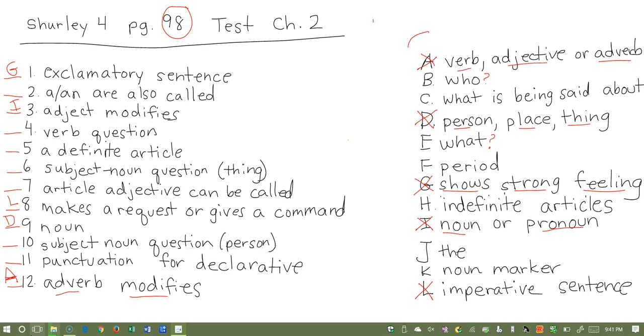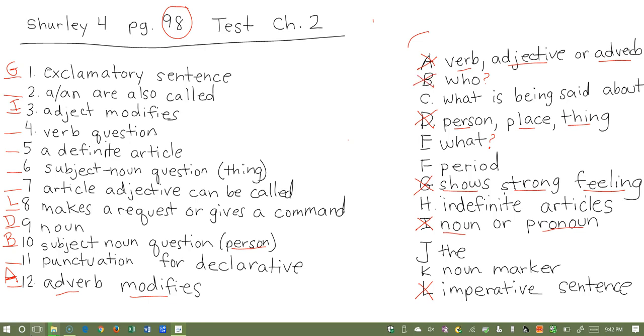Well, that is going to be a question over here. It helps us determine the subject, and the who goes with a person. So B is going to go with a subject noun question that's a person. Who ate my donut? That's a question for a person. All right, so let's cross off B as subject noun question for a person.